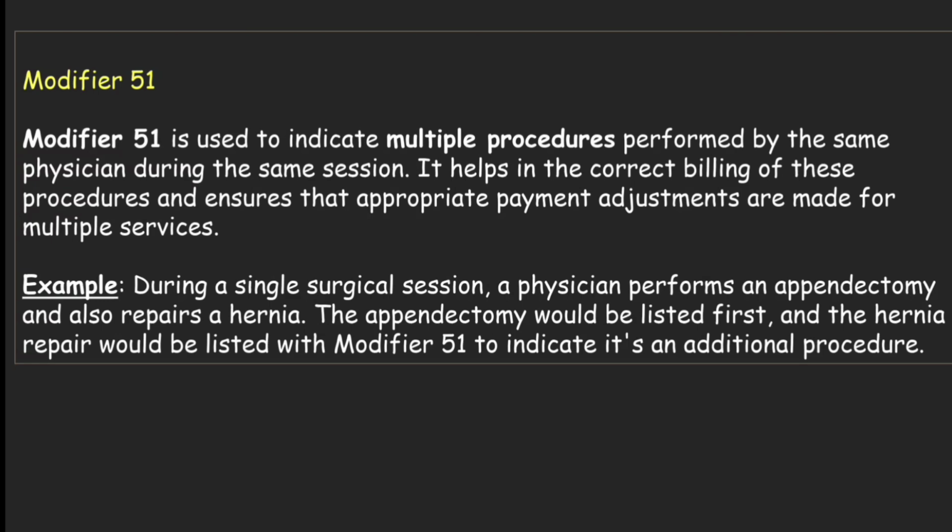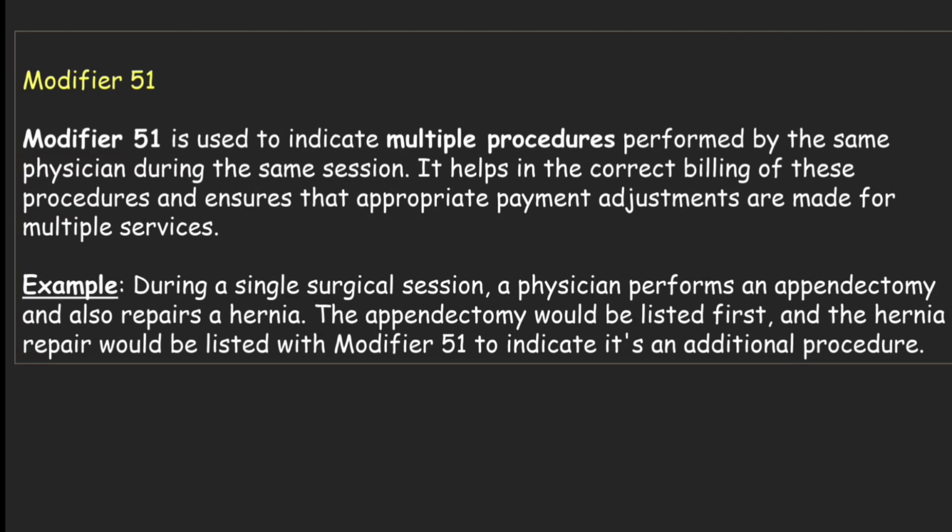Let us look at an example. During a single surgical session, a physician performs appendectomy and also repairs hernia. In this case, we will list appendectomy first and the hernia repair would be listed with the modifier 51 to indicate it is an additional procedure. So according to this case, there are two procedures, that is appendectomy and hernia repair.